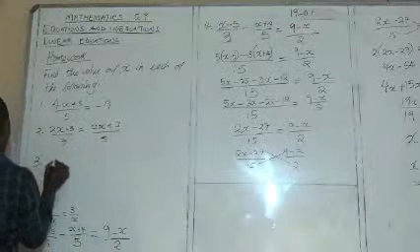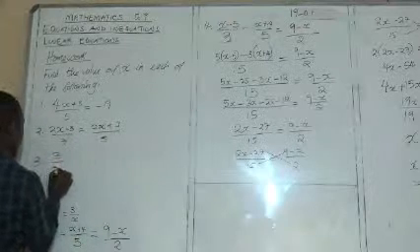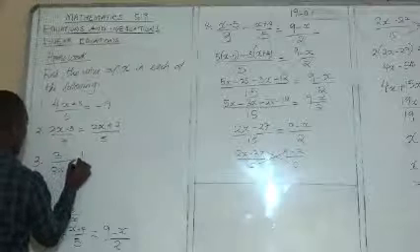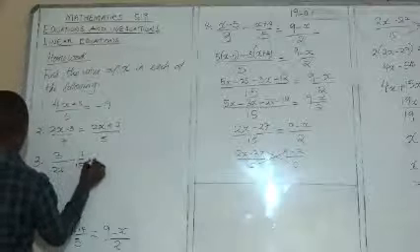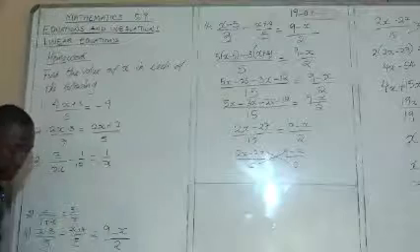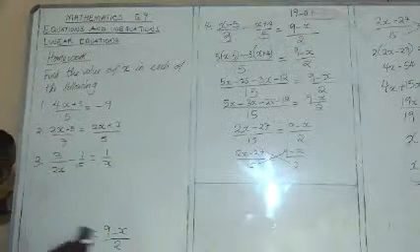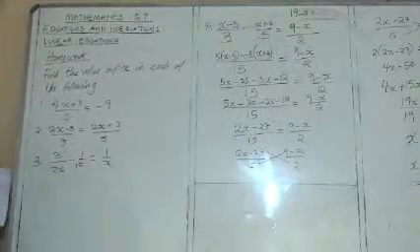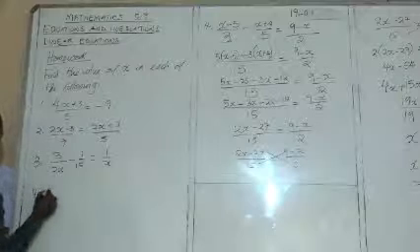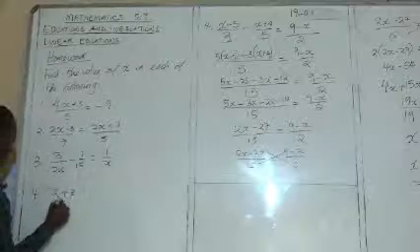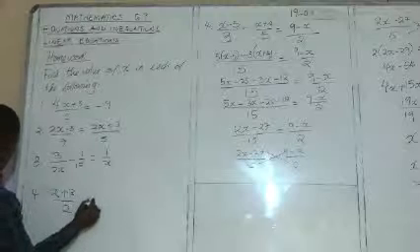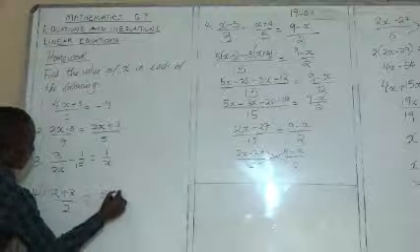Question 3, 3 over 2x, then minus 1 over 15 is equal to 1 over x. Then the last question is x plus 3 over 2 is equal to x plus 1.